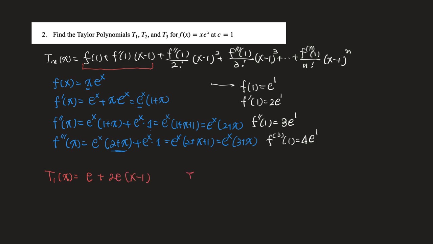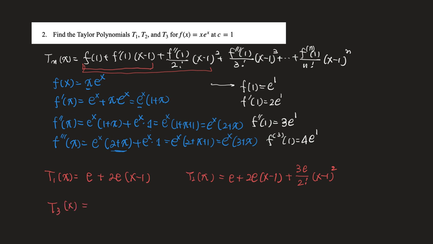The degree 2 polynomial: you take terms until degree 2. Here is e plus 2e times (x minus 1). The second derivative is 3e at 1, right? So plus 3e over 2 factorial times (x minus 1) squared. Let's go to T3. T3 is going to add one more term.